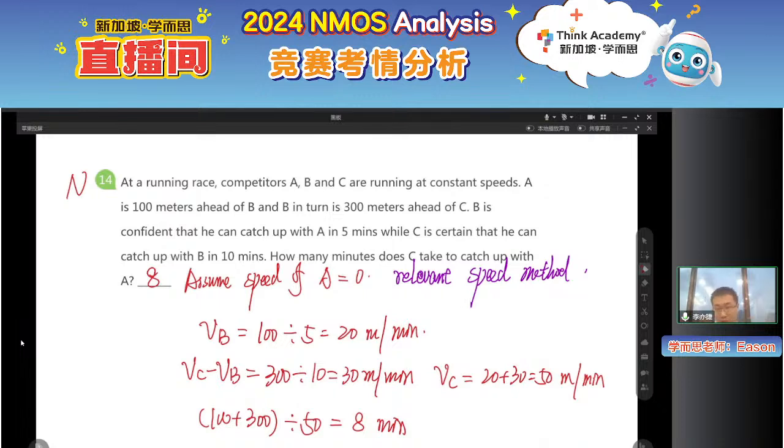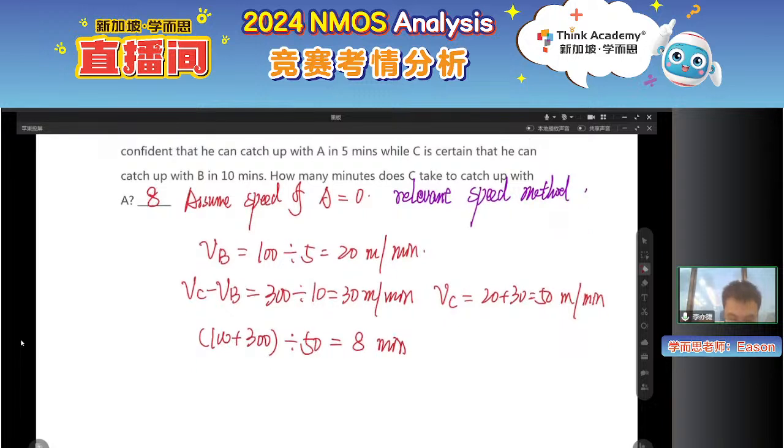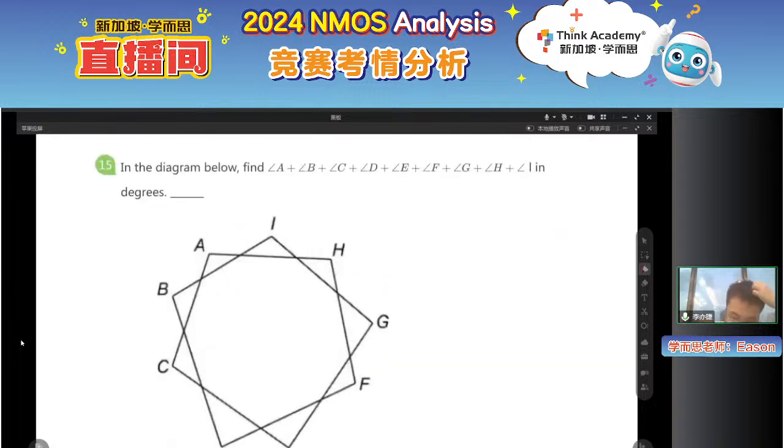Okay, so question 14. Question 15, find the sum of all these angles. If you use the conclusion, this will be easier, but never mind. Even if you don't know the conclusion, it's not that difficult. So maybe we put the sum of the angles for BDF, then maybe we end up here.